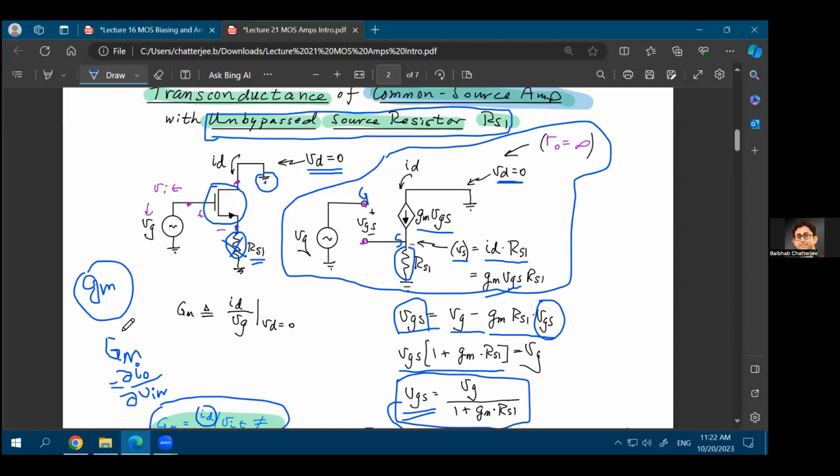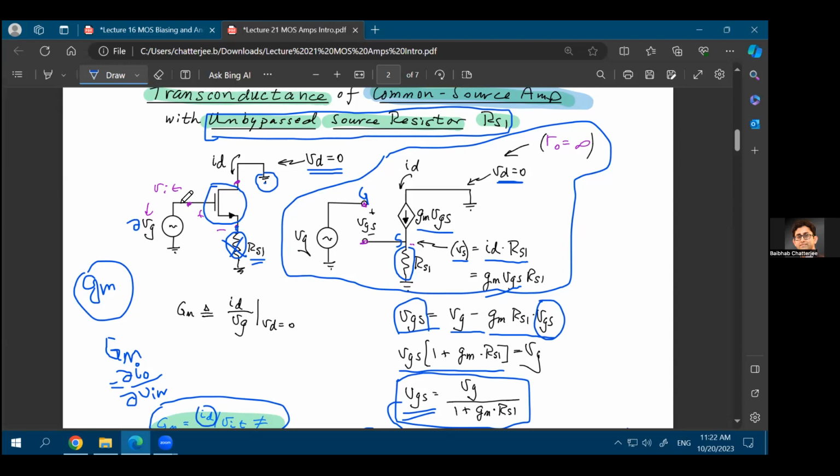Capital GM is the transconductance of the circuit, not of the MOSFET. And the transconductance of the circuit can be defined from the transconductance of the MOSFET. In this scenario, the transconductance of the circuit would be the AC current that is flowing through the MOSFET and the degeneration resistance divided by the change in the AC voltage that you have applied at the gate terminal.